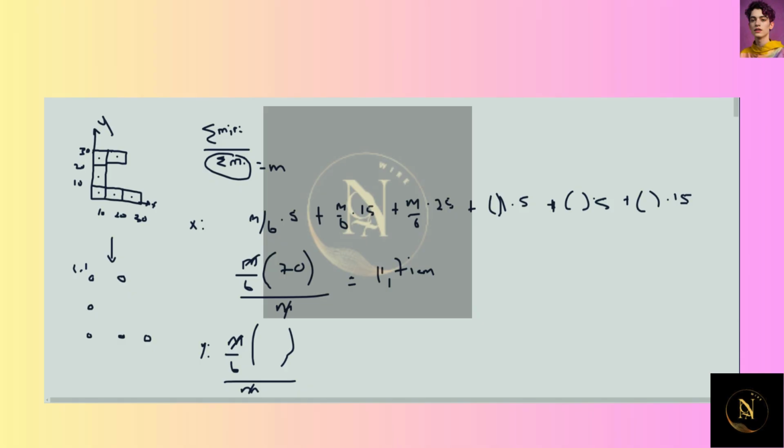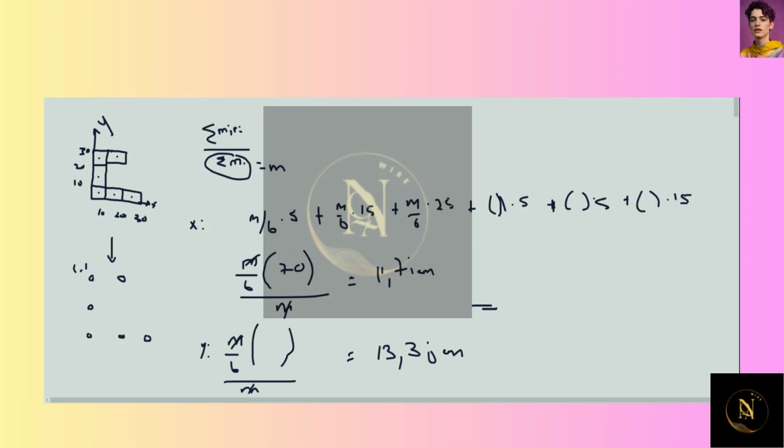What I will have is just the sum of the y coordinates of each of these pieces divided by 6, which should give you something around 13.3 in the y. So I can just call this 13.3 j centimeters.